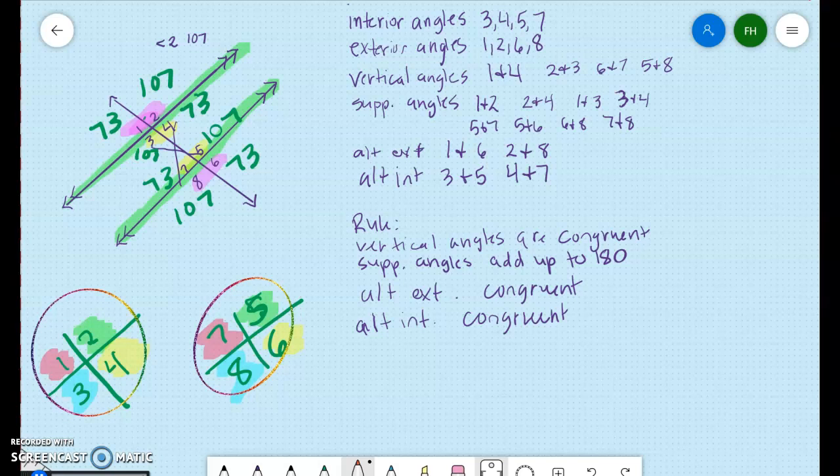And I want to say that corresponding angles are equal or congruent. I think that's right. Corresponding angles. Yes. Okay. So they're congruent. And I'm sure I missed a few things.